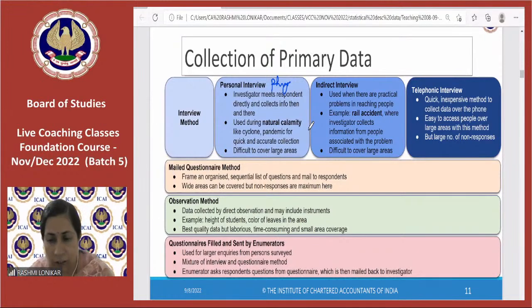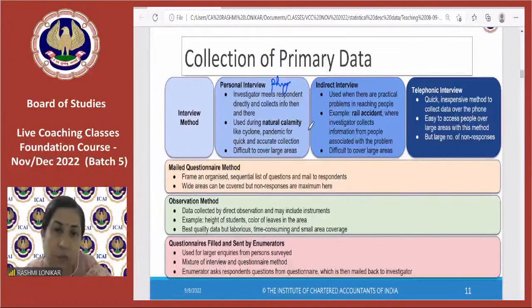The third is the telephonic interview. It is quick, it is inexpensive, and you are able to easily access people over a larger area. But the disadvantage is that there are a large number of no responses also. Suppose I am trying to find out whether a particular brand of tea is good or not. I have launched a new brand and given samples also. So I call up the people to whom I have given samples.